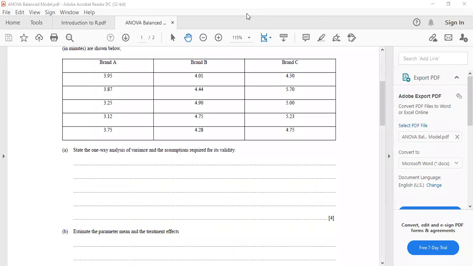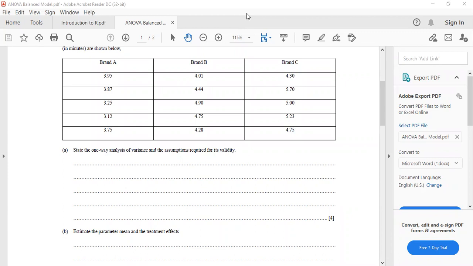You got y1 dot, y2 dot, and y3 dot. So for you to get y dot dot, we are summing those observations that you got. That's the grand total.